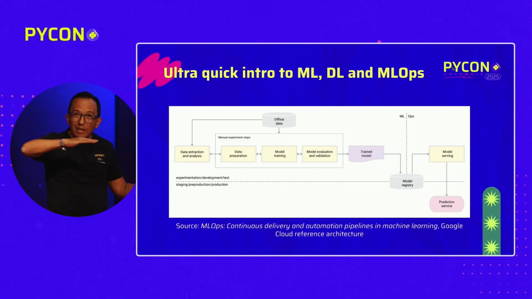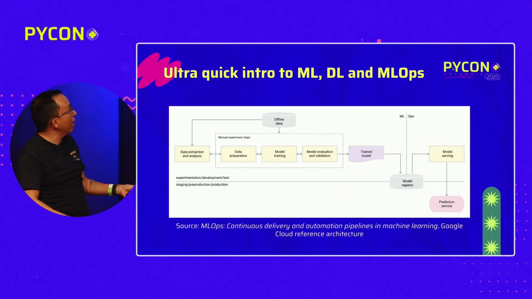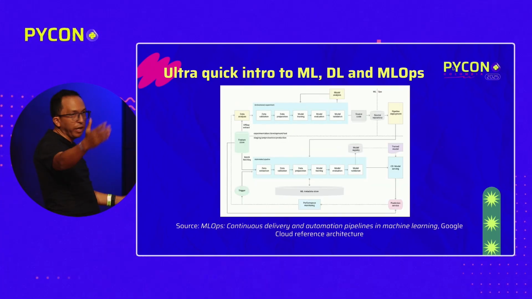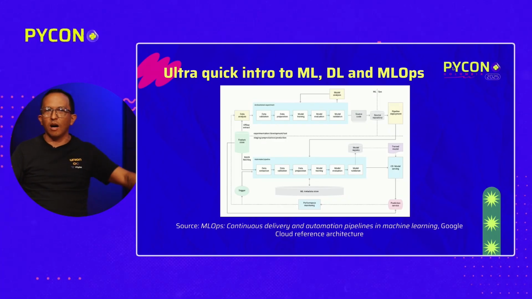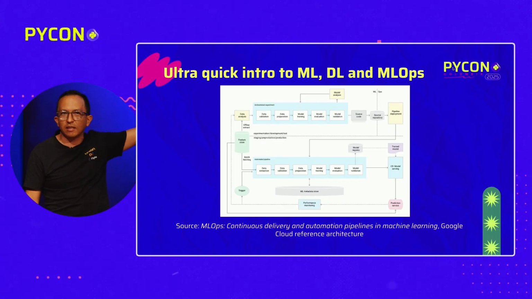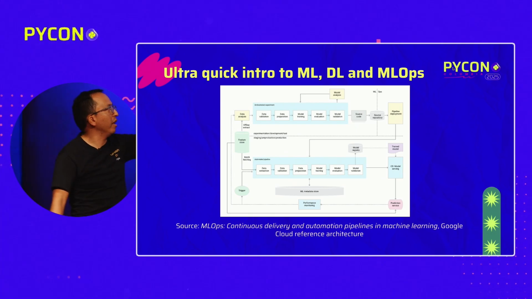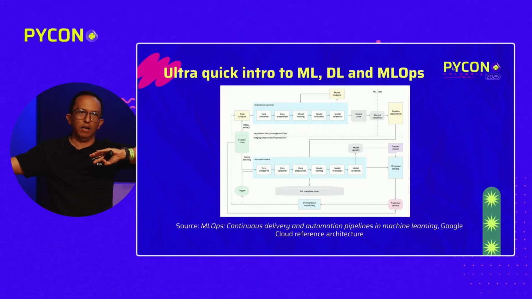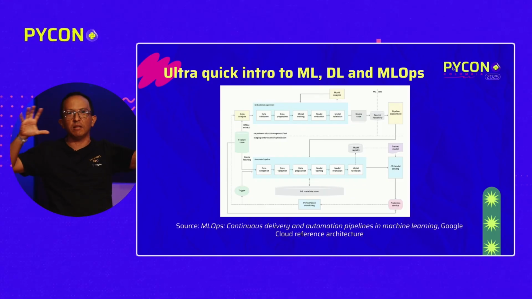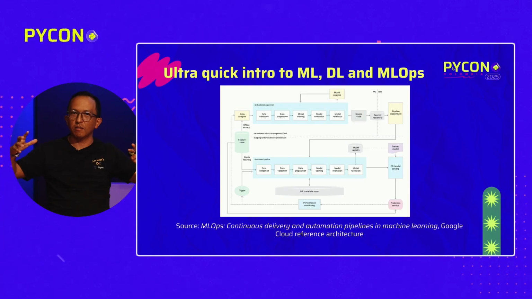This is kind of the level 0 of the maturity model that Google Cloud proposes for MLOps. Level 3, the highest level of maturity, involves many things. Probably you don't see all the details here. It can be even more complex than this, but the whole point is that this is kind of CI/CD, but for ML apps, right? In continuous integration, continuous delivery for software apps, the whole point is to release constantly, right?